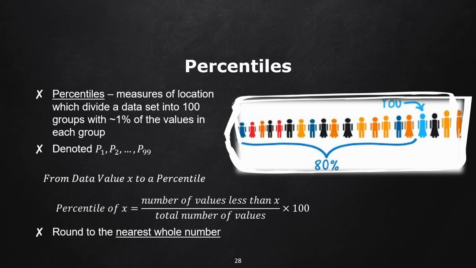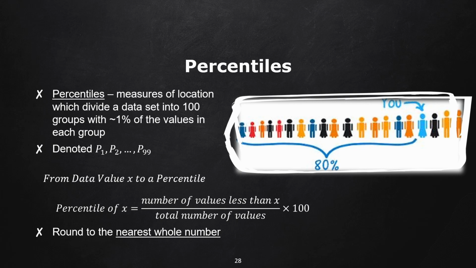If we take a brief look at the picture, we got a couple of people there organized from shortest to tallest. And that blue lady there, she is in the 80th percentile. In other words, she separates the shortest 80% of people in that data set from the tallest 20% of people in that data set. So that's what percentiles do.